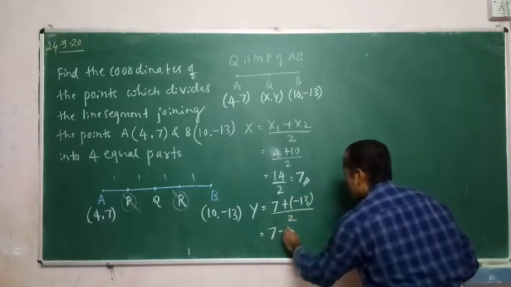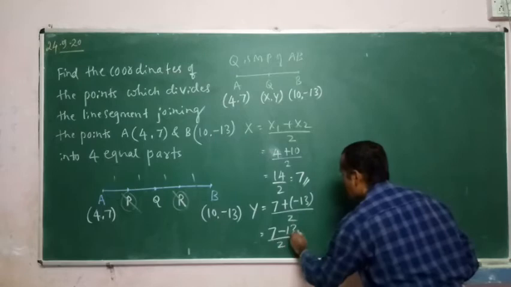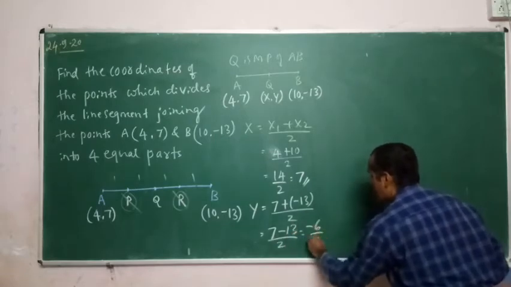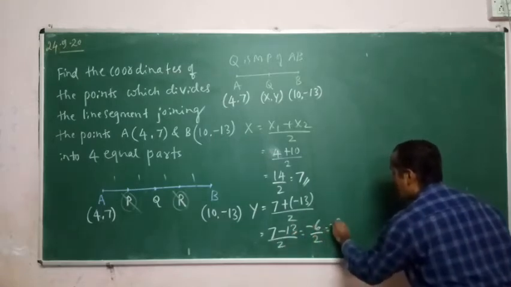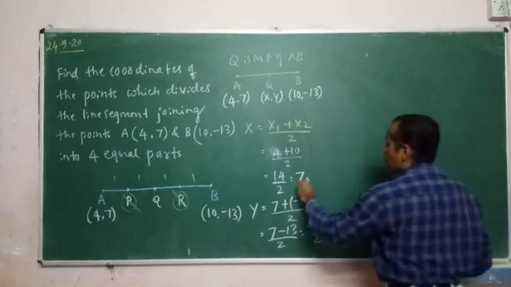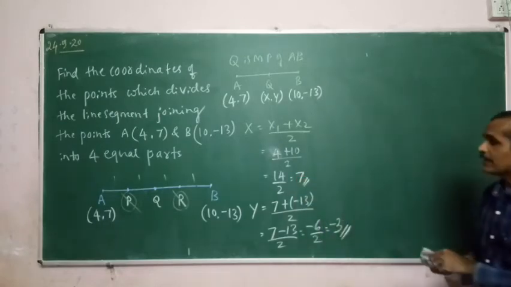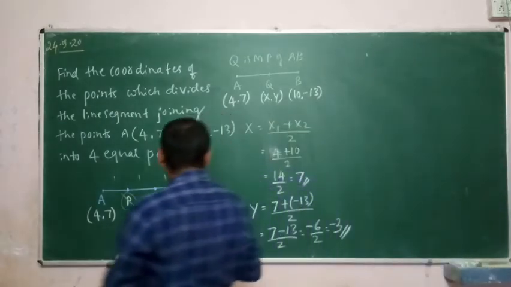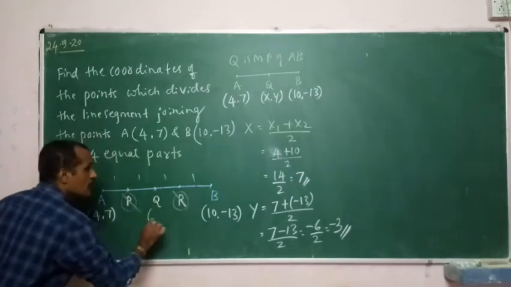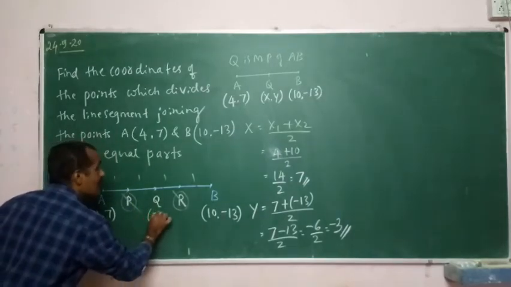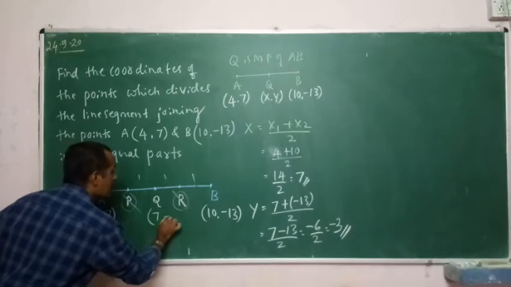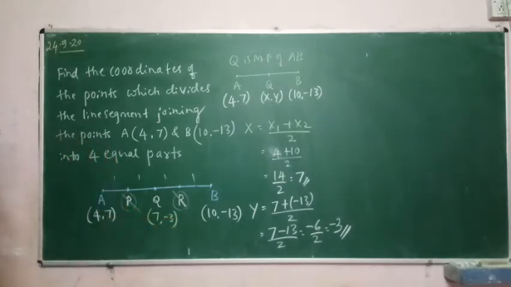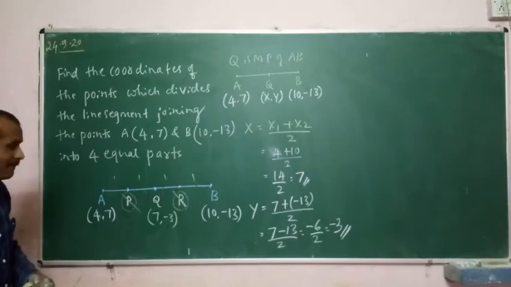It is (7 - 13) divided by 2, -6 divided by 2. Answer is -3. So these are the 2 coordinates of point Q. Q is (7, -3).